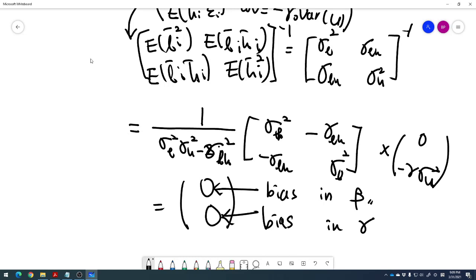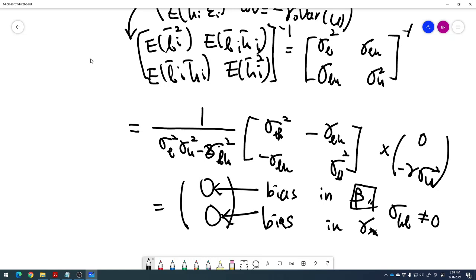Even if the problem was coming from the capital, whose coefficient was gamma, obviously gamma must be biased, but beta is also biased as long as H and L are correlated.